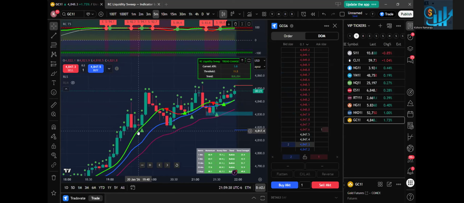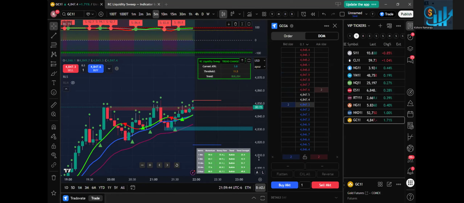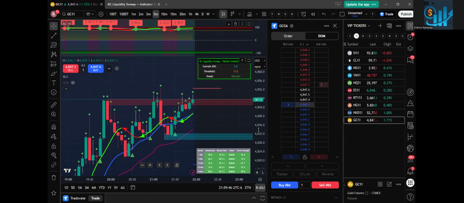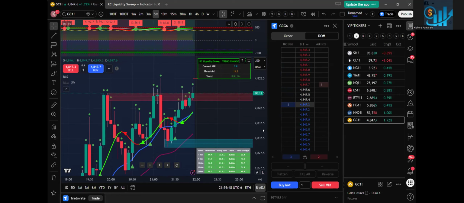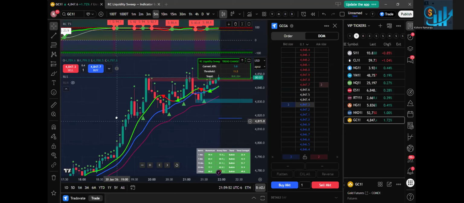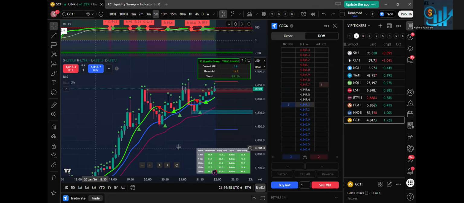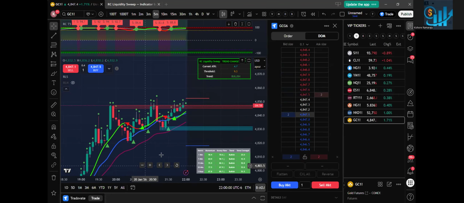It went up, you got a pullback. Went up, you got a pullback. So overall, GC is very bullish. Or if you don't want to keep scalping, whenever you get a reversal, you just go long and wait until you see the reversal again.